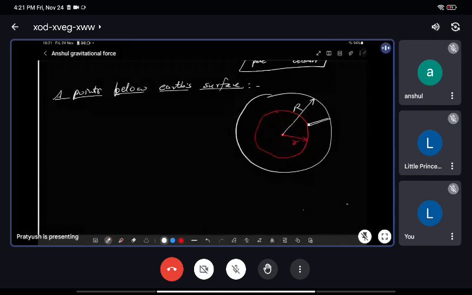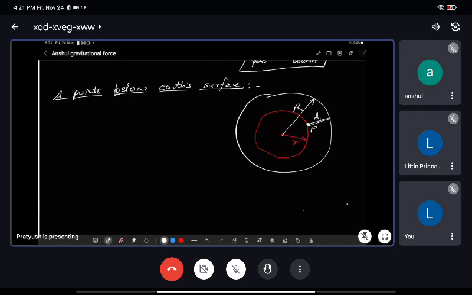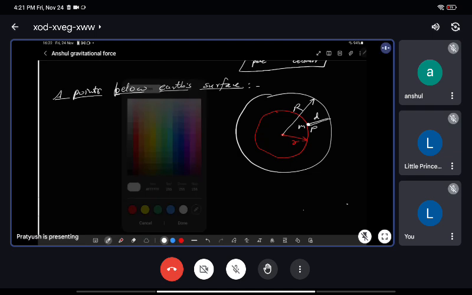And the radius of full Earth is still capital R. This is our point P. Here we need to calculate the gravitational force. Let us assume that we dug inside Earth up to a distance d.